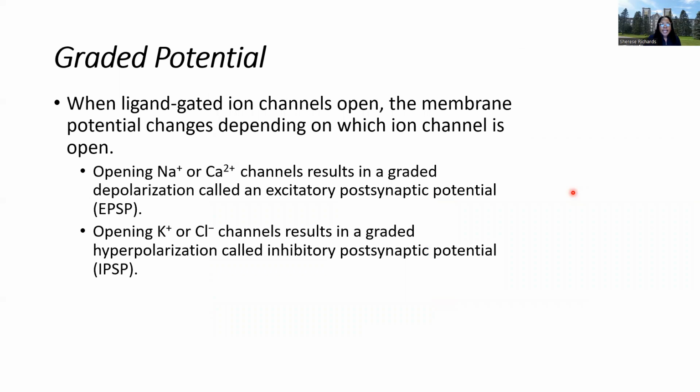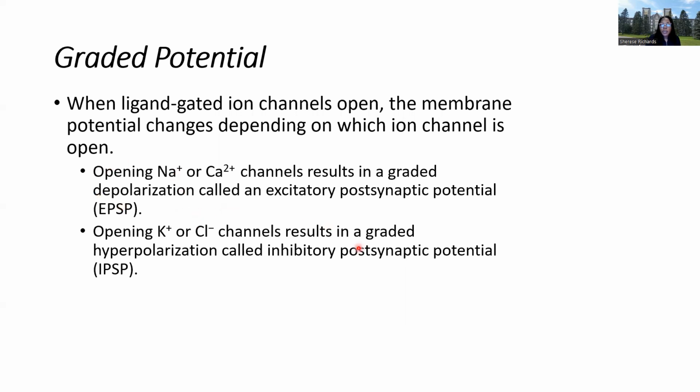All right, so when the ligand-gated ion channel opens up, the membrane potential will change, and that will be dependent upon exactly what type of channel opens up. And we know this because if a sodium or calcium channel opens up, that results in a depolarization, because sodium or calcium have an ECDF that moves into the cell. So if I open up a sodium channel, sodium rushes in, that results in a depolarization.